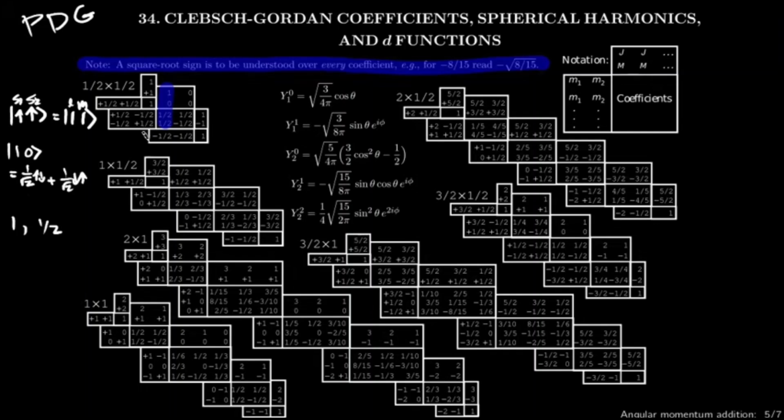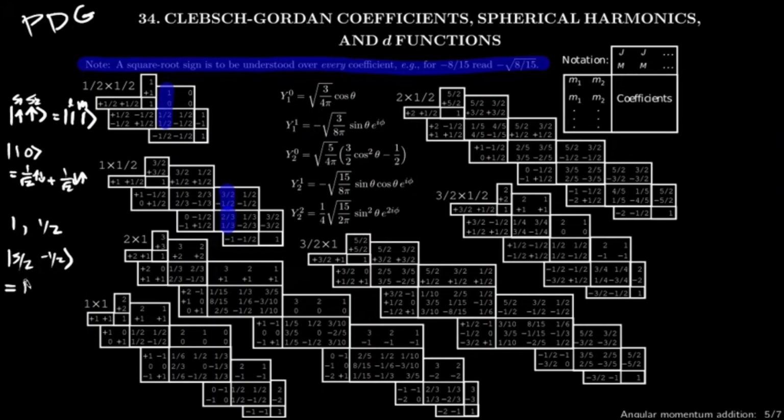If what I'm interested in then is, for instance, the 3 halves minus 1 half total angular momentum state, as a result of superposition of 1 and a half spin quantum states, I'm looking at these quantum numbers, these Clebsch-Gordan coefficients, 2/3 and 1/3. What that tells you then is that L and M of 3 halves minus 1 half can be expressed as a superposition of 0 minus 1 half.